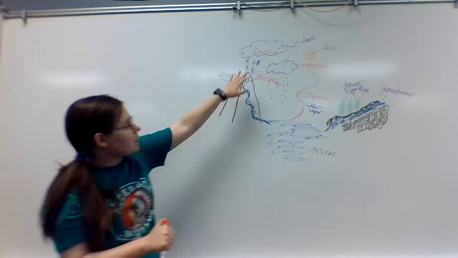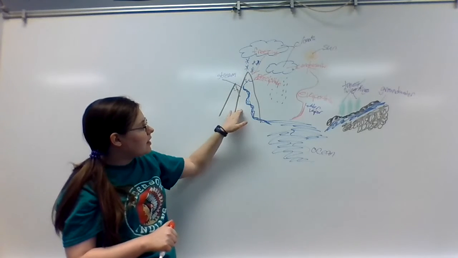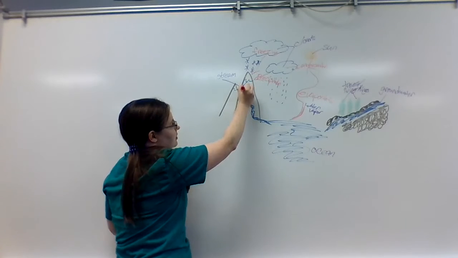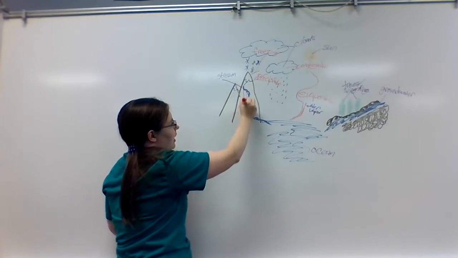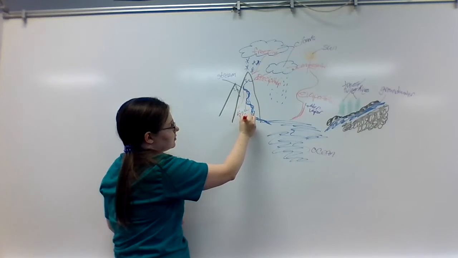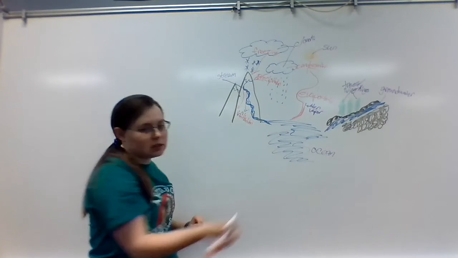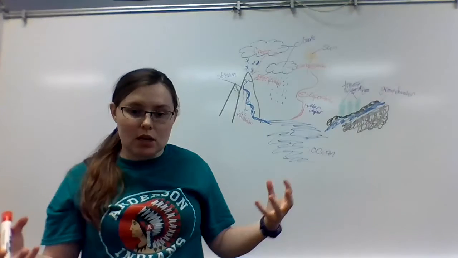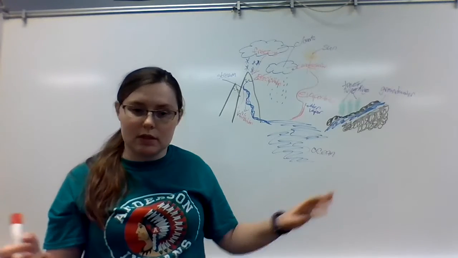Once we have the precipitation, then what you'll see happening is the process known as infiltration. That really just means that the water seeps into the ground, in this case, into our mountain.